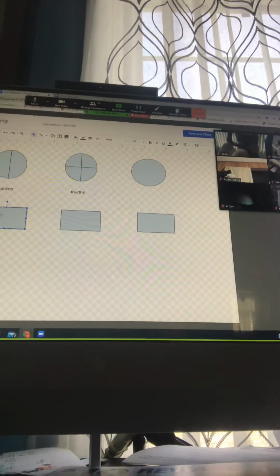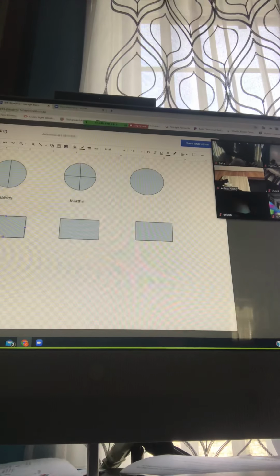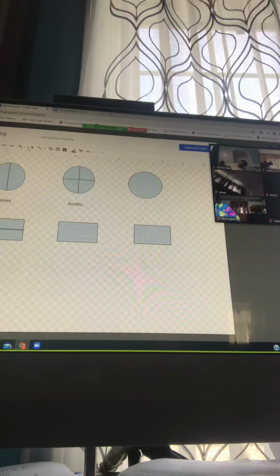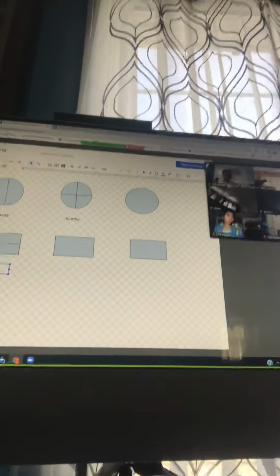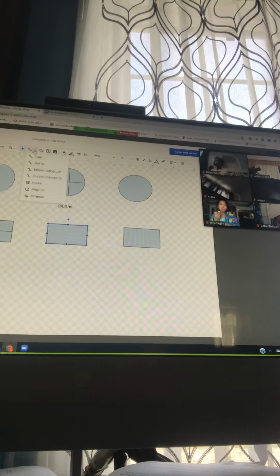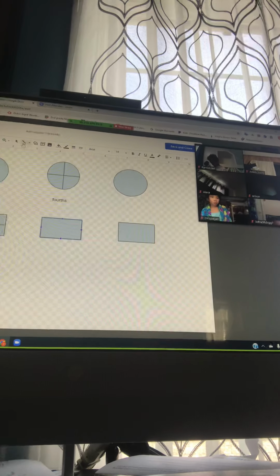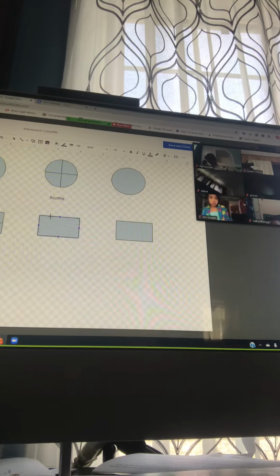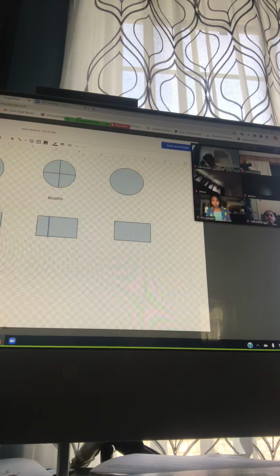If I want to partition this rectangle into 2 equal pieces so that I can make halves, I can make a line this way. And I would say that this is halves. If I want to partition this rectangle into 3 equal pieces, let me see if I'm able to do it. Oh, but that's not equal.